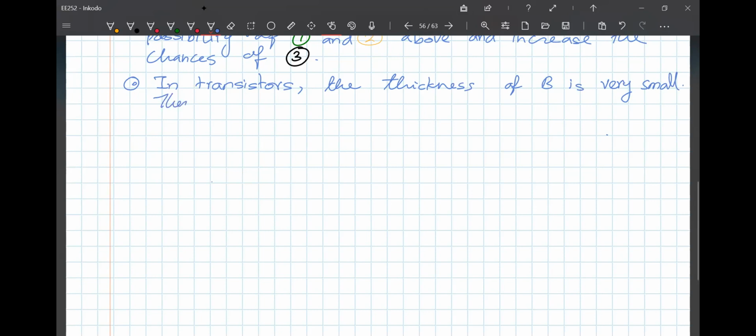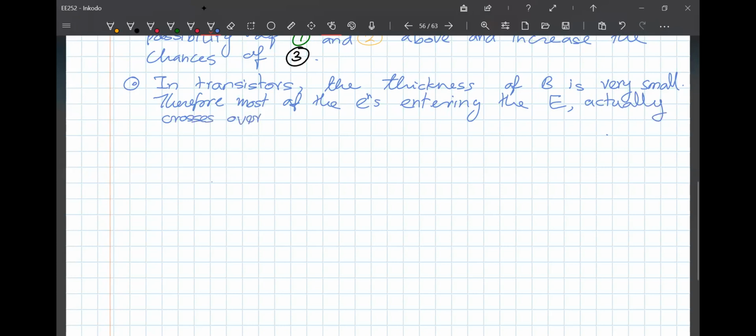Therefore, most of the electrons entering the emitter actually cross over to the collector.